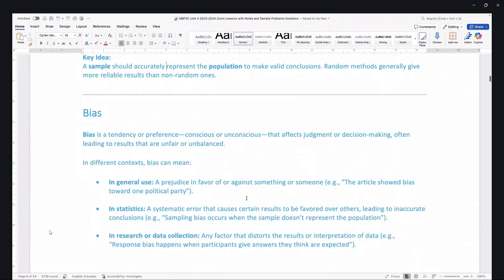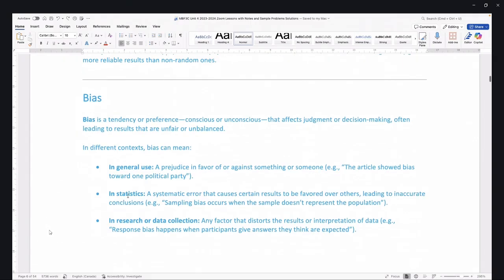So bias, we're more concerned about the statistic part. You get a systematic error that causes certain results to be favored over others. So in other words, you get an inaccurate conclusion. For example, like the election, if I'm trying to determine who's going to win the next election, and I phone all the people that are on the conservative party website, then I'm pretty sure they're all going to vote conservative.